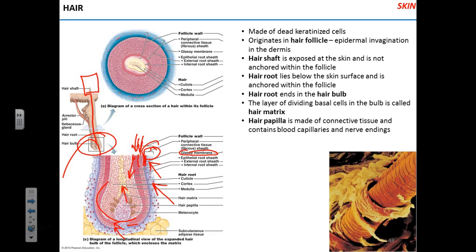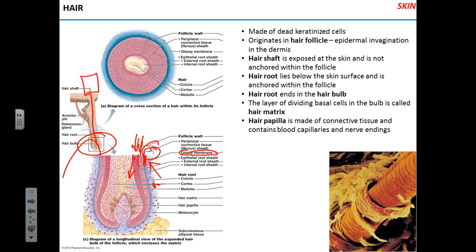Okay? And this, the hair papilla, is the bunch of connective tissue that gets into the hair bulb. There are blood vessels here that provide the cells of the so-called hair matrix.